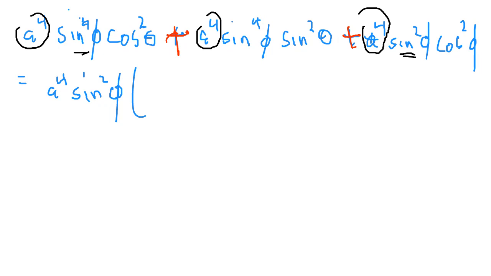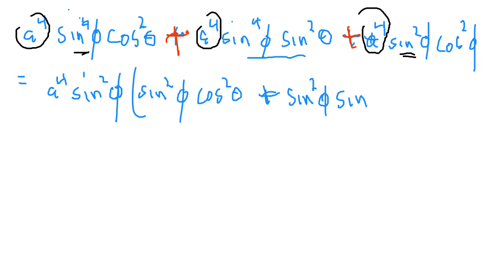Now, yes, we have sine to the fourth of phi here, but what we would do is write sine squared of phi here, cosine squared of theta. And then for this part we'd have sine squared of phi, sine squared of theta. And then we're going to have just cosine squared of phi. Okay, so far so good.